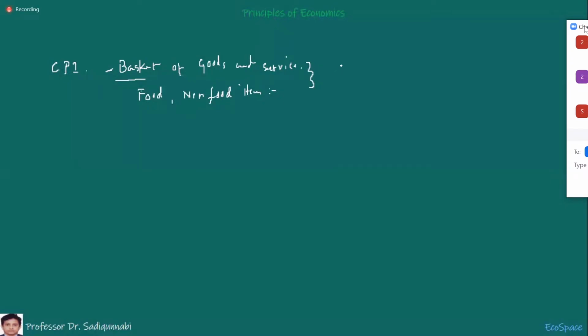CPI in period T equals CPI in period T minus 1 times weighted change in prices.